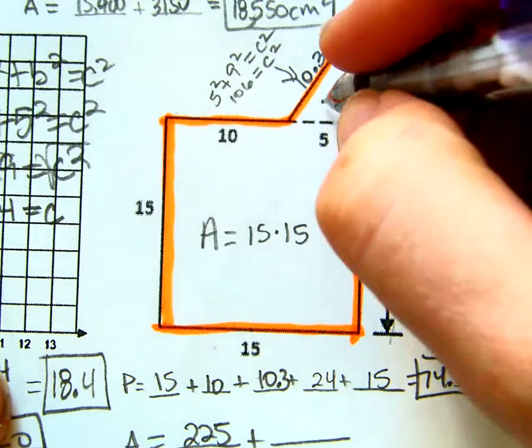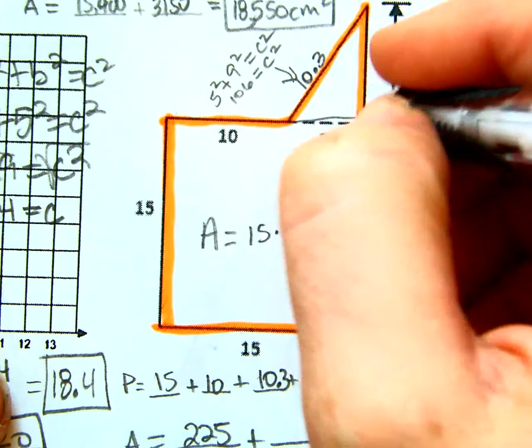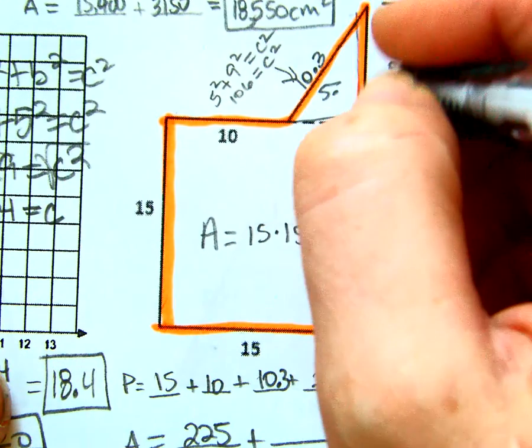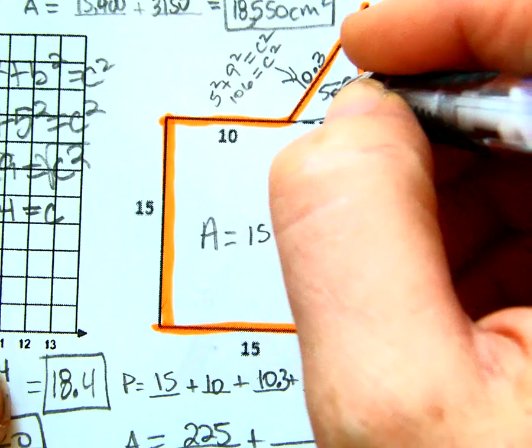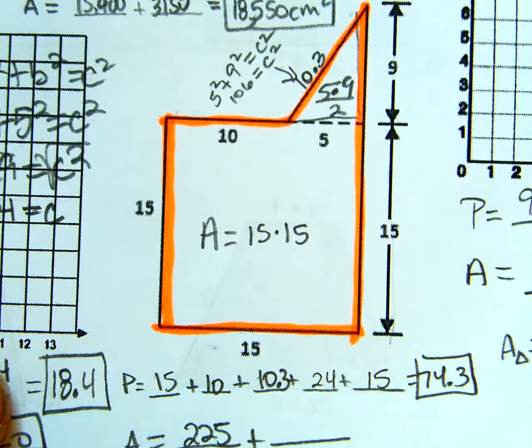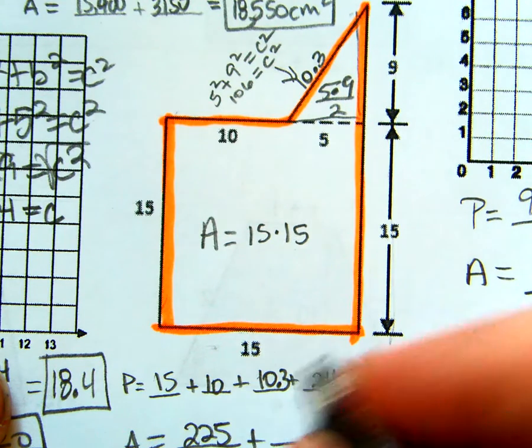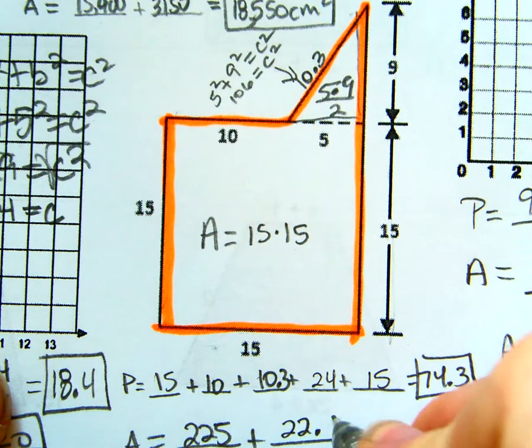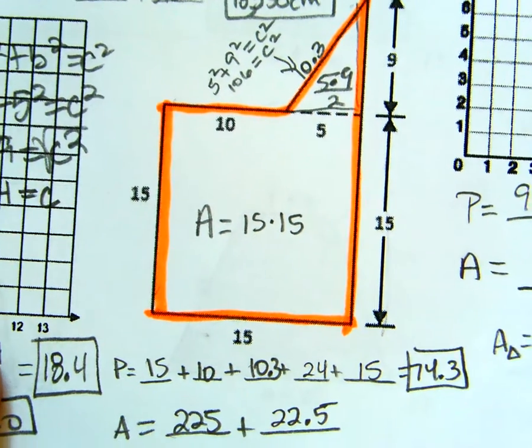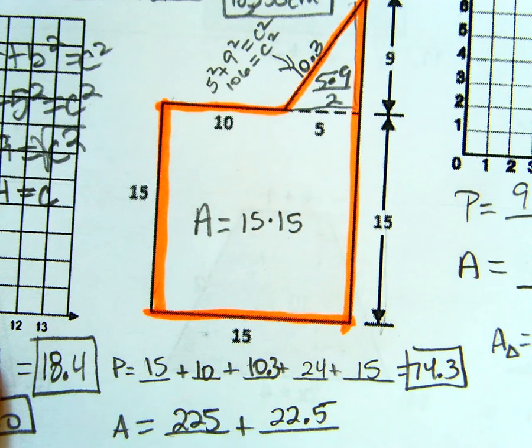And then area of this triangle is base times height. So 5 times 9 divided by 2. So 5 times 9 is 45, and then 45 divided by 2 is 22.5. And then I can just add those two numbers together and get that my area is 247.5.